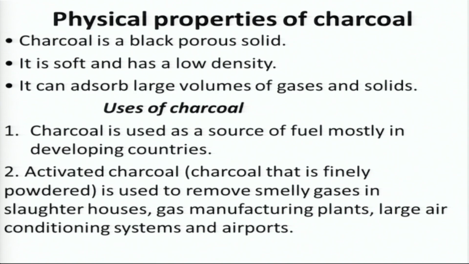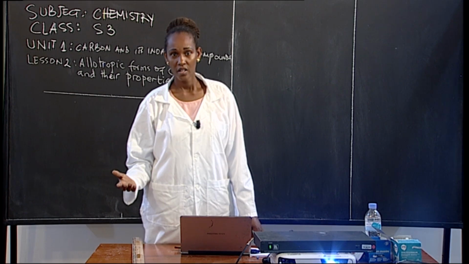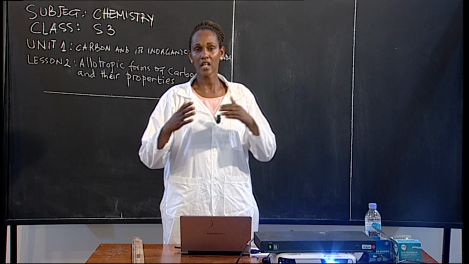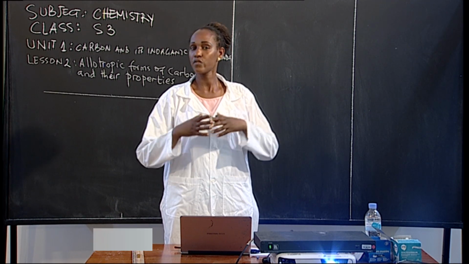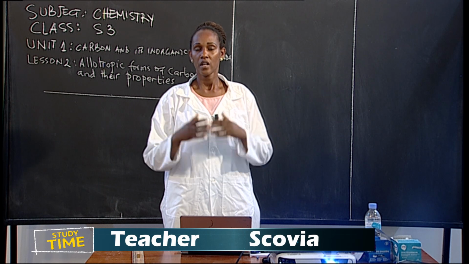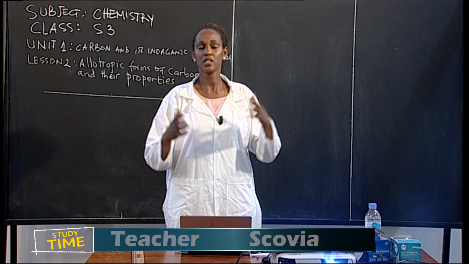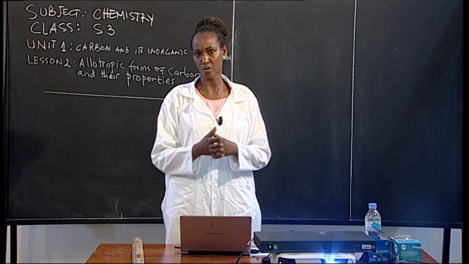So, the uses of charcoal. Charcoal is used as a source of fuel mostly in developing countries, like our country here, Rwanda. Rwanda is trying to limit the number of people using charcoal, if not to end it completely.